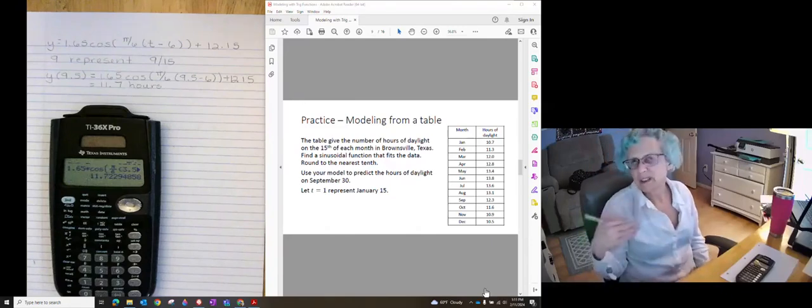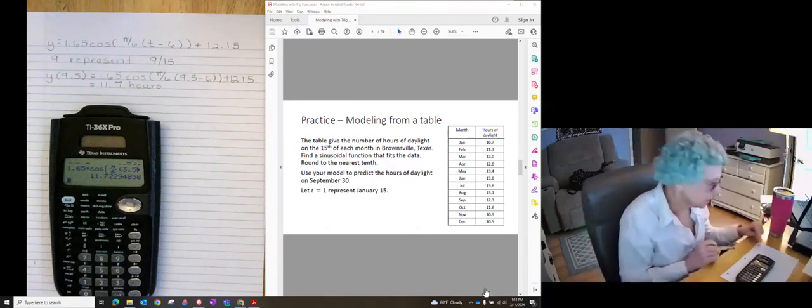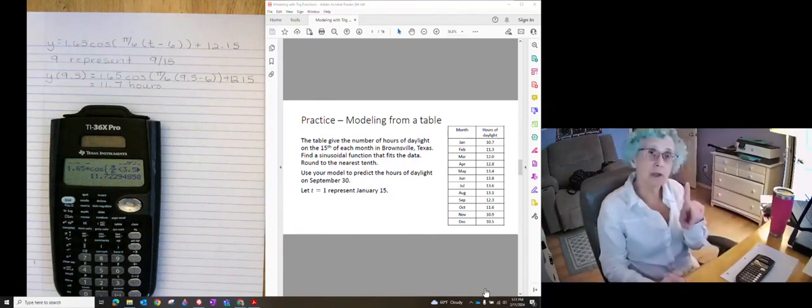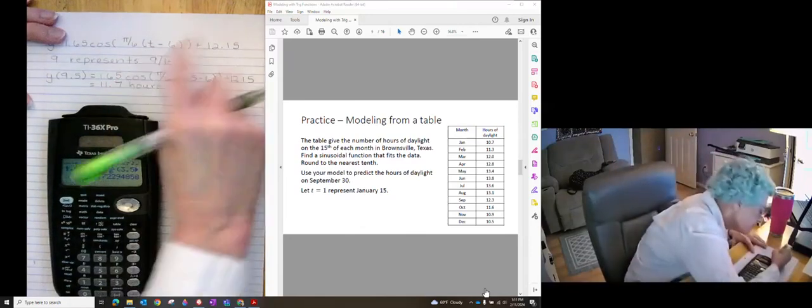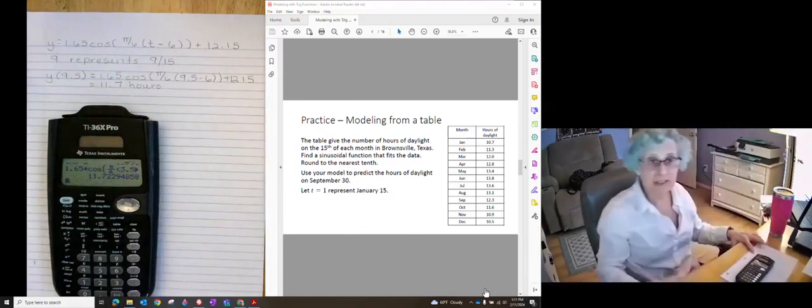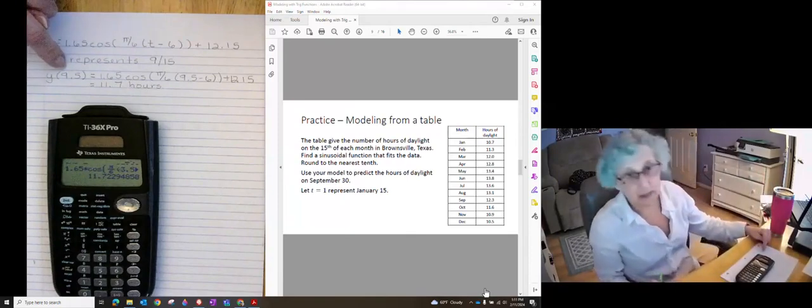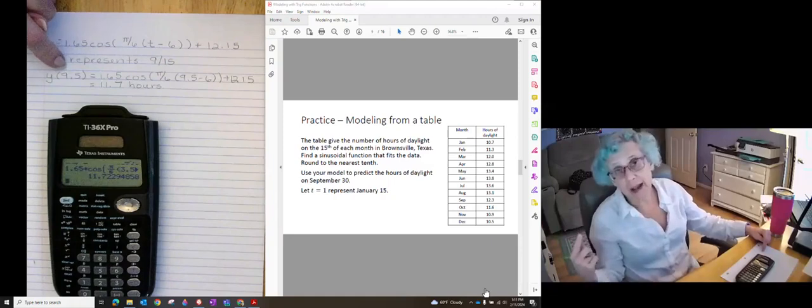So I took a minute to logic my way through it. 1 represents January 15th, so 9 represents September 15th. So if I wanted September 30th, I need to add another half to it.